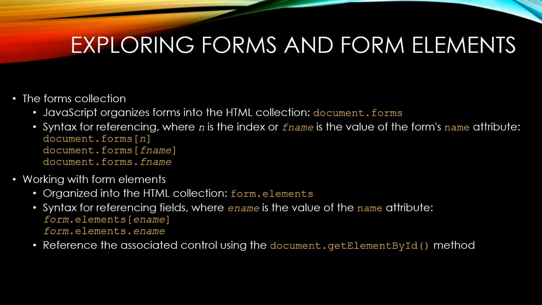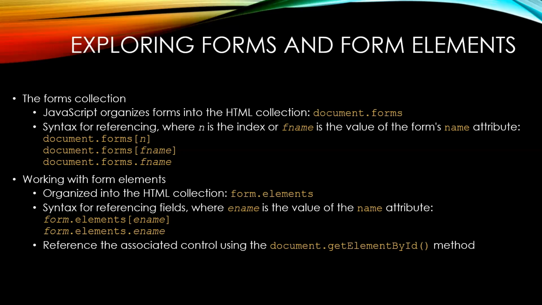Working with the form elements, they're going to be organized into a special collection called form.elements. When we want to reference fields, if we say ename is going to be the name attribute of the field, we say form.elements, give it the array notation with the square brackets and the name attribute of the field you're referencing.